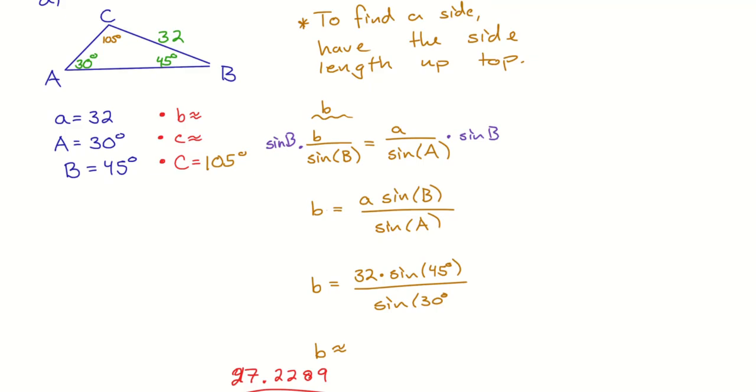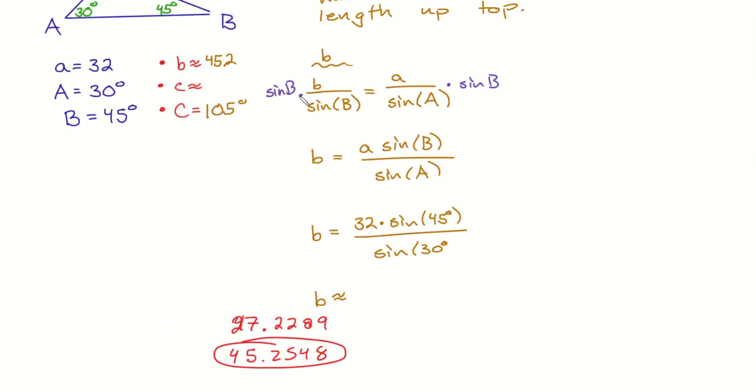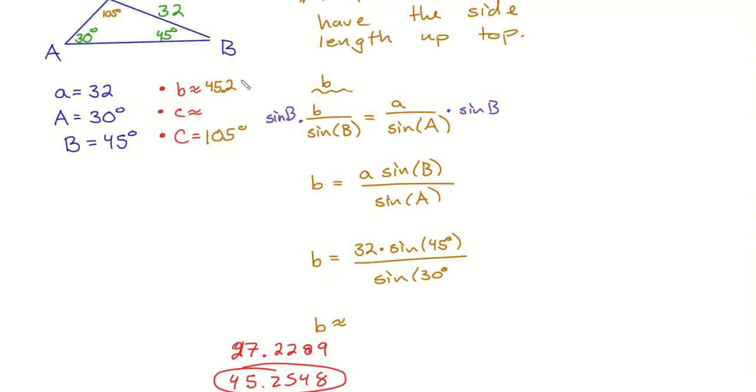We now have 45 point, what was it? 25? And I'm going to go all four. 2548. 45.2548. Okay. And these are pretty computationally heavy, and there's some really cool stuff that winds up happening.